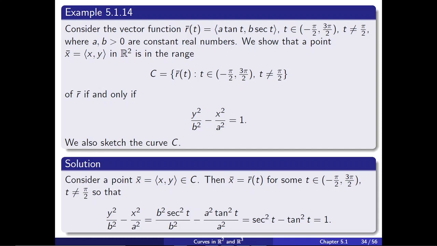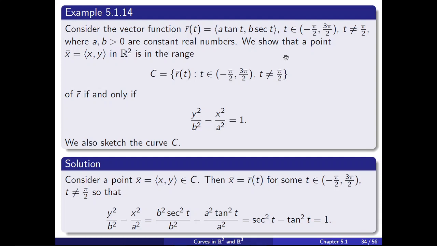If we've got a function like that and t is equal to pi over 2, we have a problem. Go and look it up if you don't know what the problem is. Here a and b are positive constant real numbers.